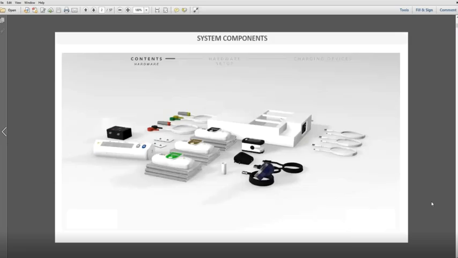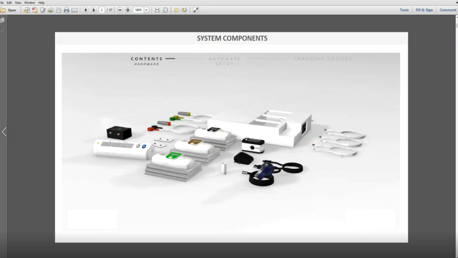So the system involves some hardware pieces, and it also involves the use of a computer. And basically, these are the hardware pieces that we have with the system. It includes a console box, blood pressure cuffs, a pulse oximeter, a manometer, and the different cabling that pertains to the system.